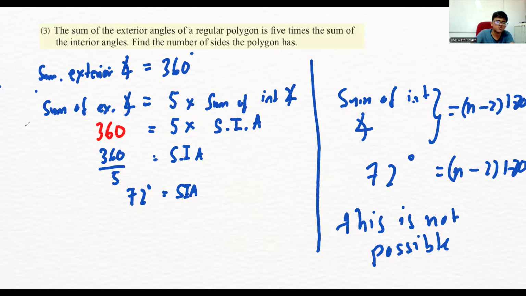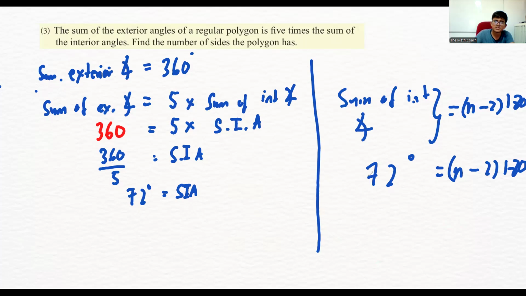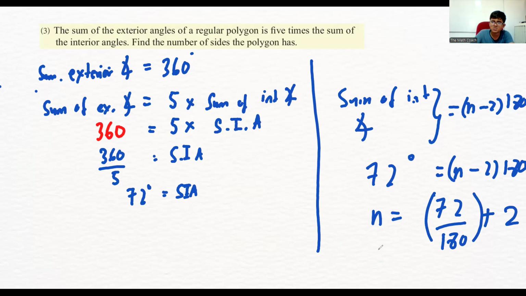Okay, right. I'll just show you why it's not possible. If we solve this here, we get n equals 72 over 180 plus 100 plus 2. So this is actually not ideal. n is going to be 2.071406 or something, right?